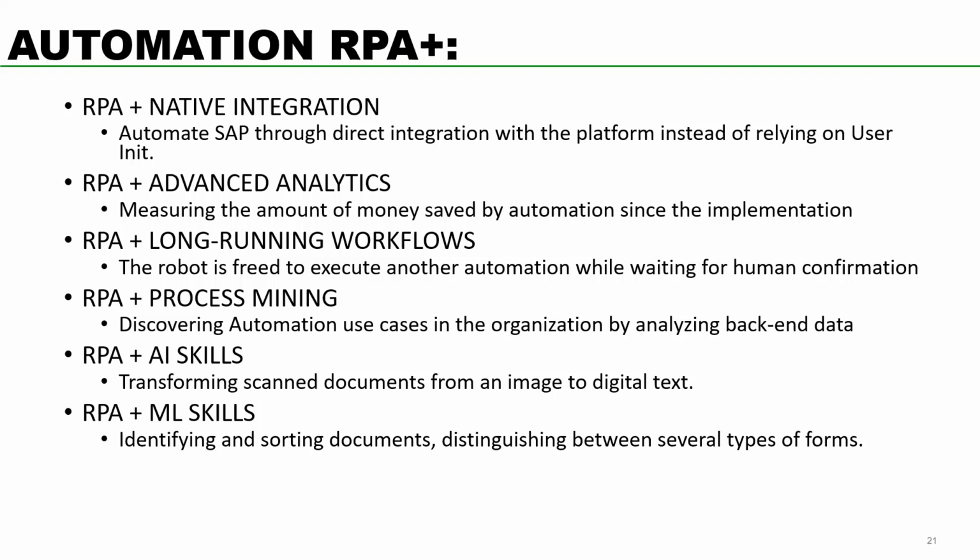Because when we provide solutions in RPA for certain complex processes, we may fall short with RPA alone. In order to provide a full solution, we can implement artificial intelligence and ML models. We can use third-party plugins and third-party APIs and implement them here.